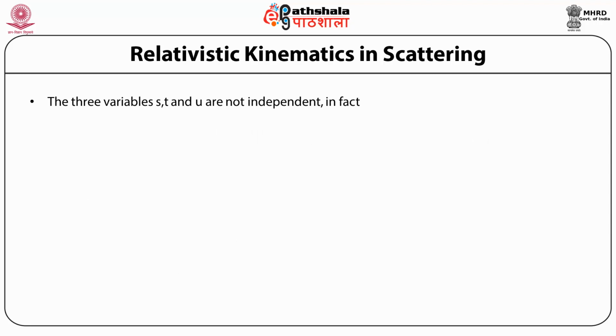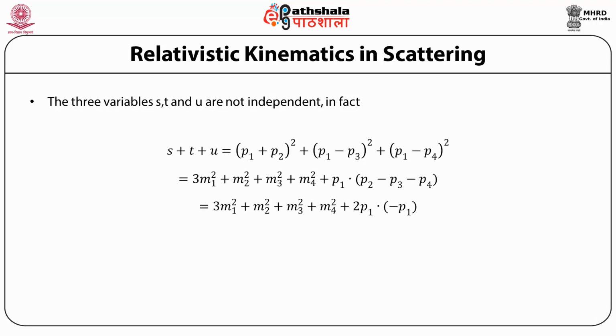The three variables s, t and u are not independent. In fact, s + t + u = (p1 + p2)² + (p1 − p3)² + (p1 − p4)² = 3m1² + m2² + m3² + m4² + 2p1·(p2 − p3 − p4).